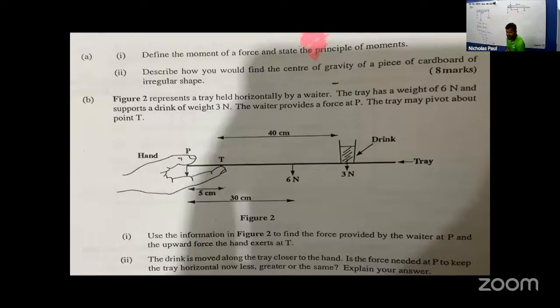How far is 6 from the pivot? 25, right? So I help you out with the diagram. So from the pivot, from T.